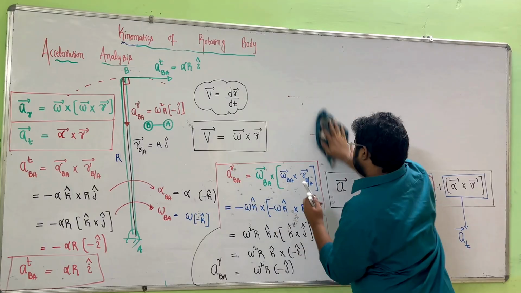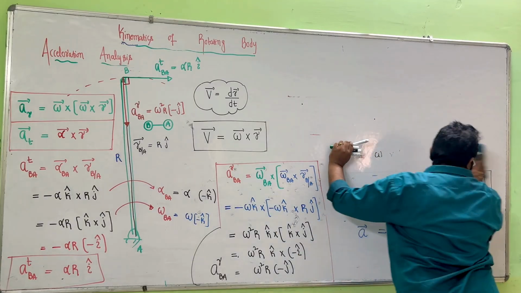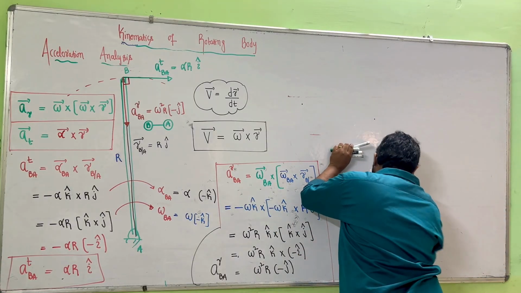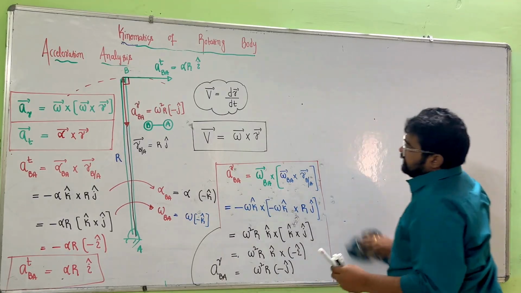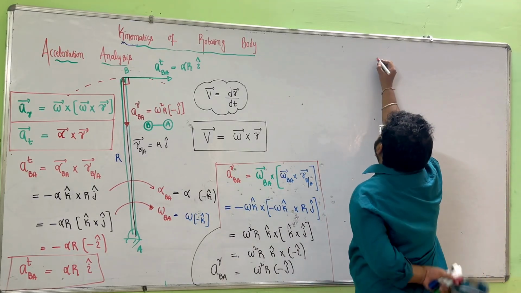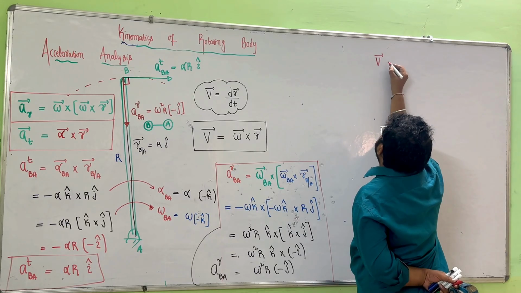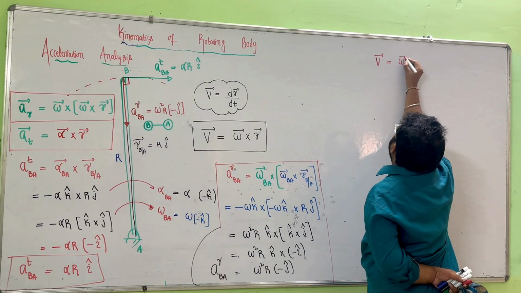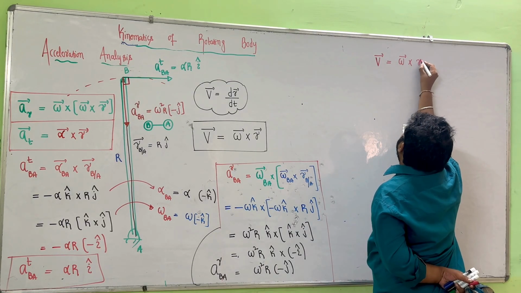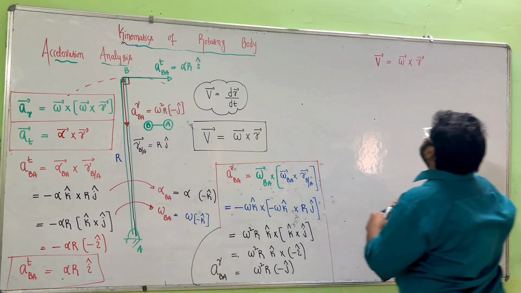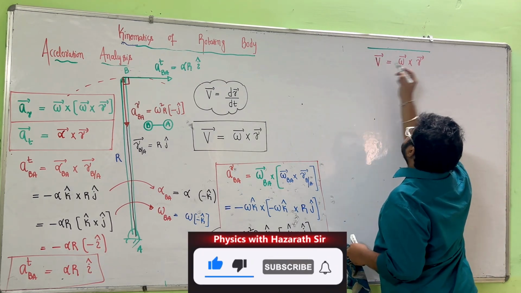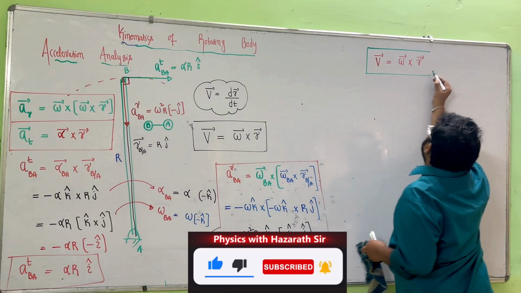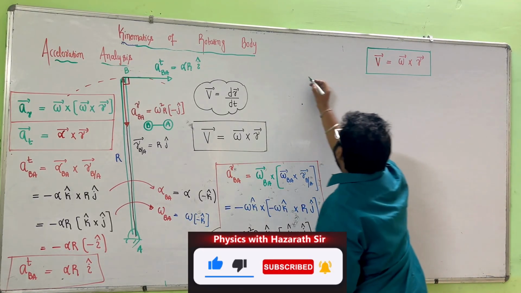Here you can write v bar equal to omega bar cross R bar.